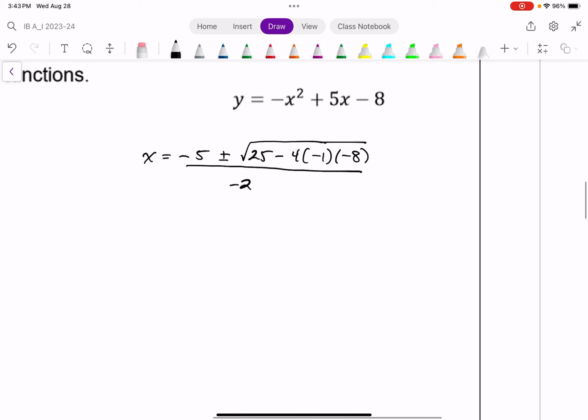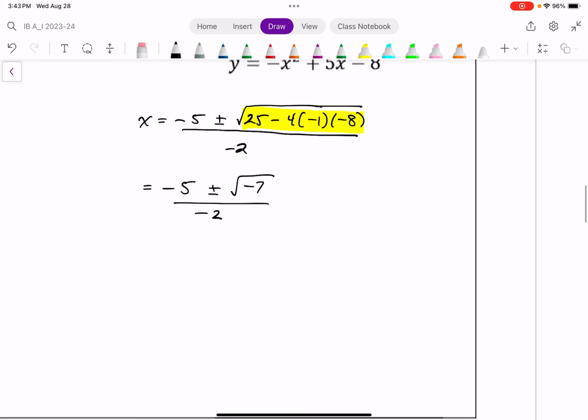And so at this point, my discriminant here should come to -7. All right, and again, we don't have to actually stop here because I can take that root -7 and I can write it as root 7 times root -1 over -2.